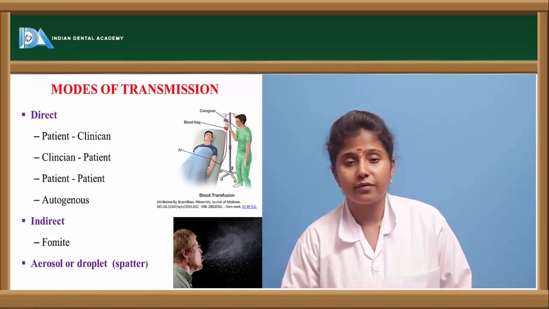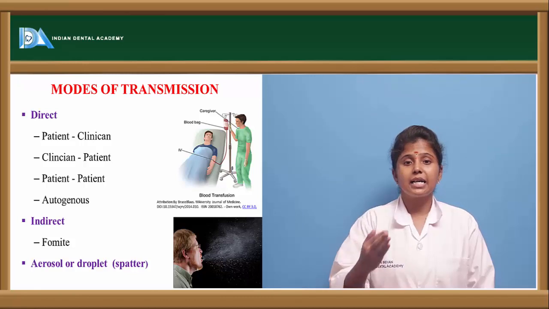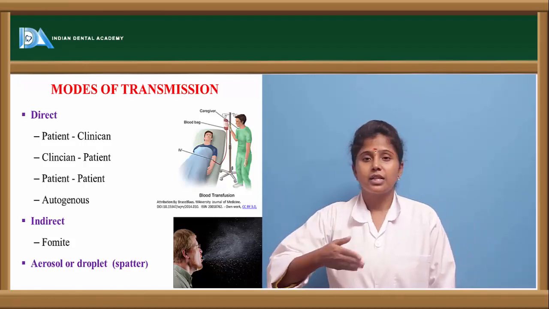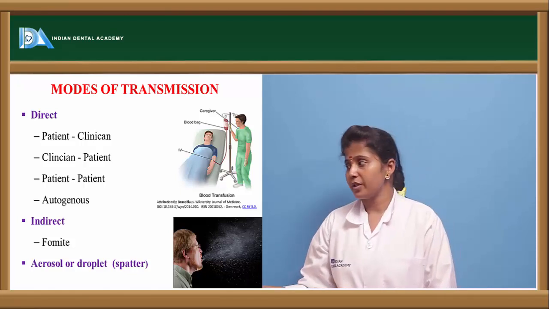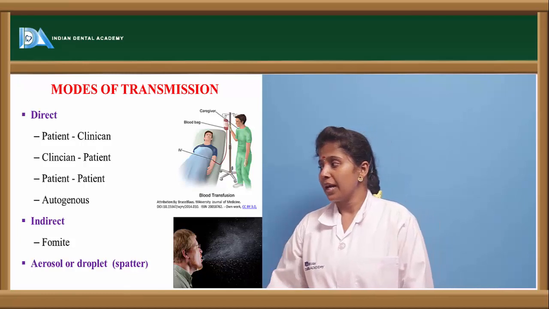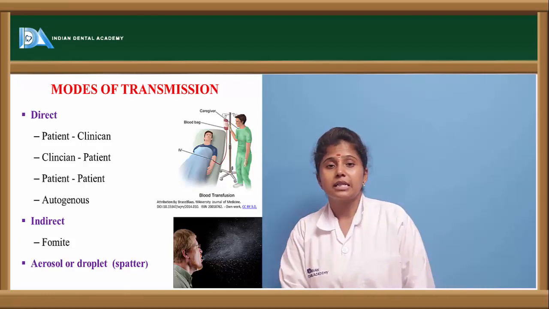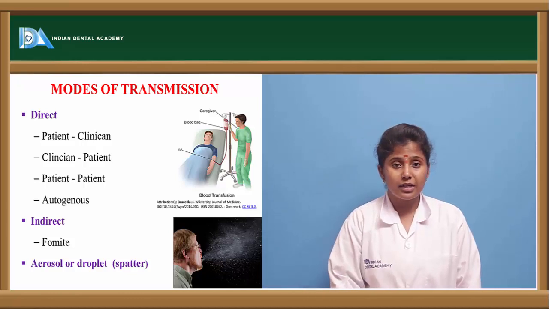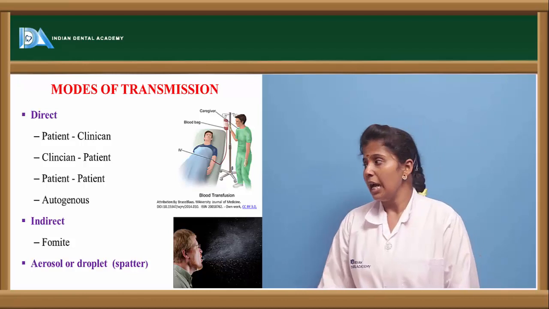What are the modes of infection? The modes of infection are direct, indirect, and airborne. Direct is that from the patient it may enter into the clinician, or from the clinician it may spread to the patient, or from patient to patient, or it may be autogenous. Indirect is through fomite. Fomite is through a skin cut, or if there are any bruises or damage to the skin, through which the microorganism is entering.